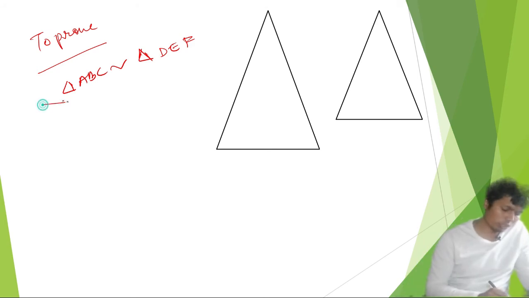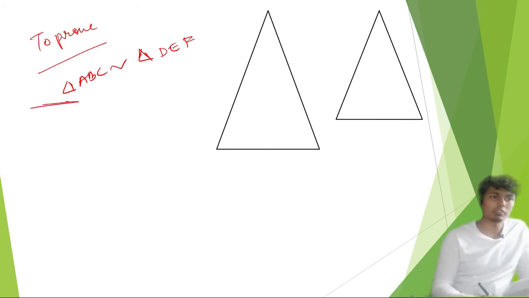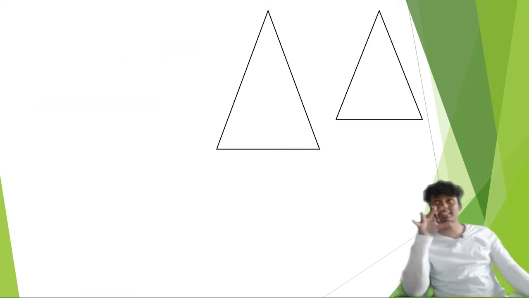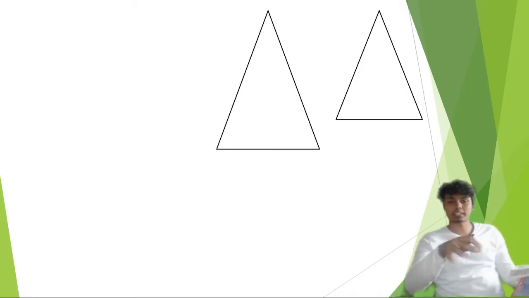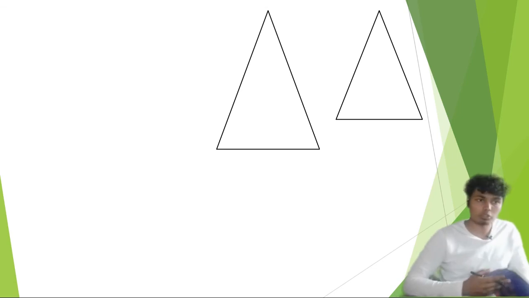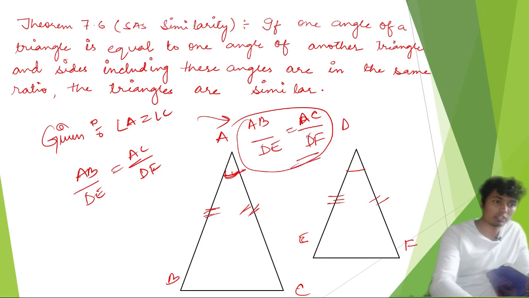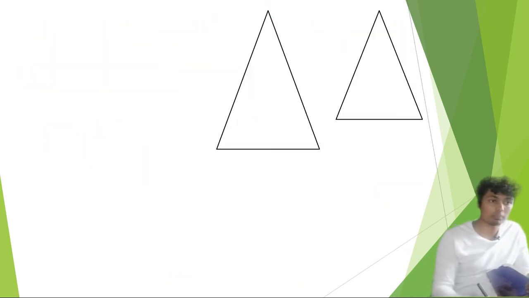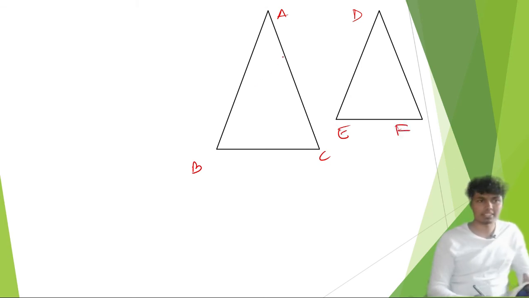It says if AB is equal to DE, with triangles ABC and DEF. Like the previous question, we can discuss this question also in 3 cases. What might those cases be?